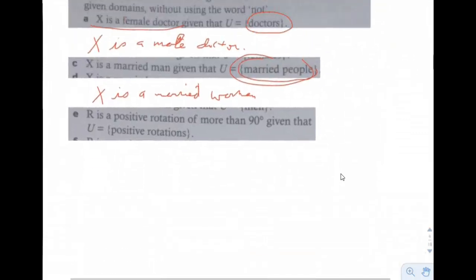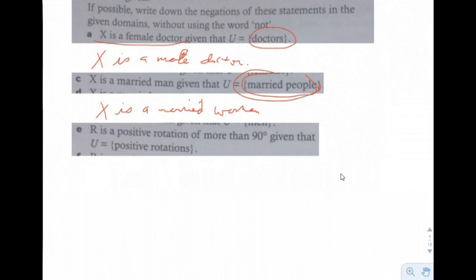Okay, so last, I think, for this problem set is R is a positive rotation of more than 90 degrees, given that U equals positive rotations. So U is the universe of all the positive rotations, and they're saying R is a positive rotation of more than 90 degrees.